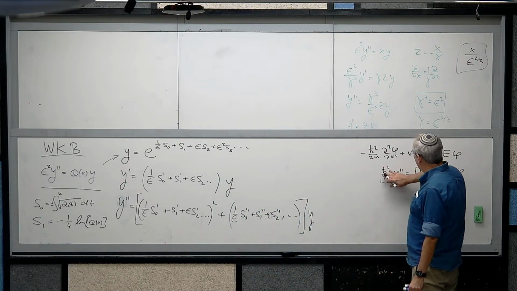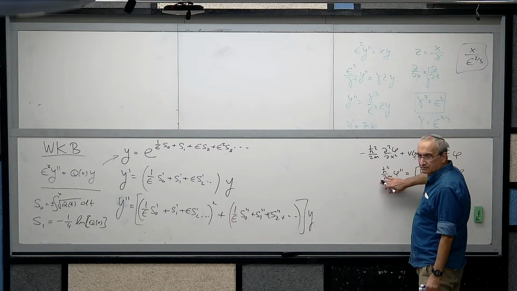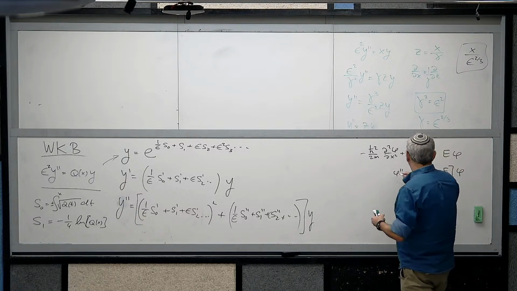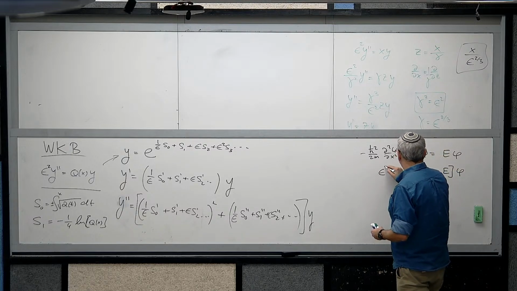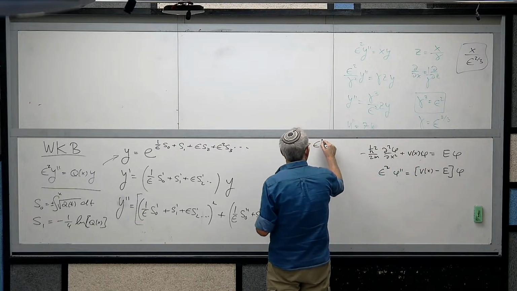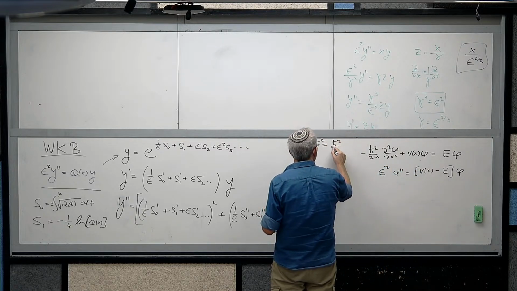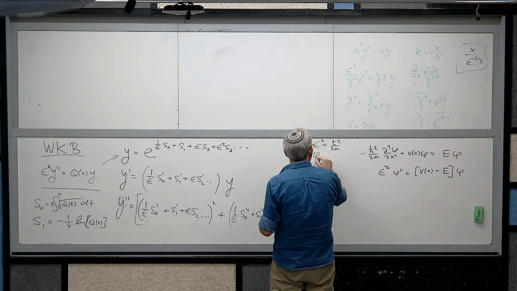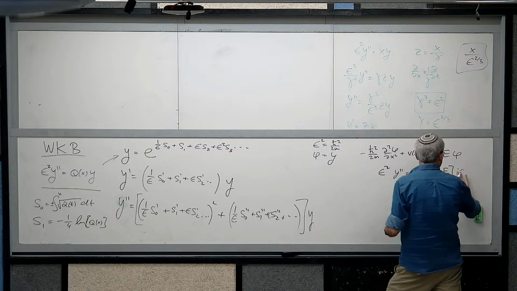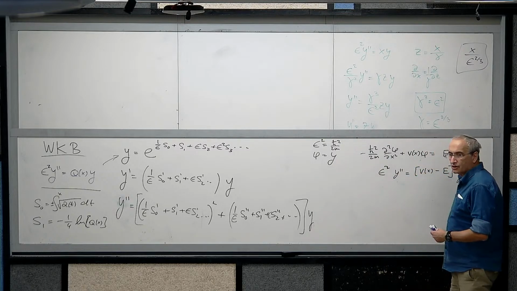And I would like to replace this by epsilon squared, so this will be epsilon squared. So epsilon squared is h squared over 2m, and phi is y.